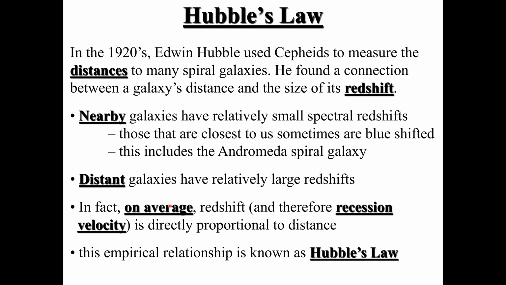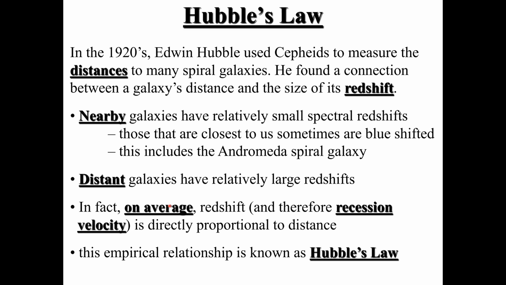Now, one thing that I guess you can understand is that once you measure the redshift, that can also be used to find the recession velocity of that particular galaxy. So the redshift has a relation with the distance, and the recession velocity will also have the same relationship.